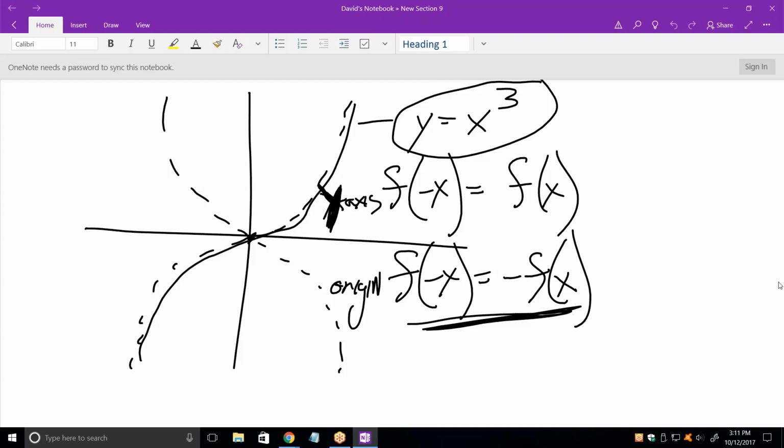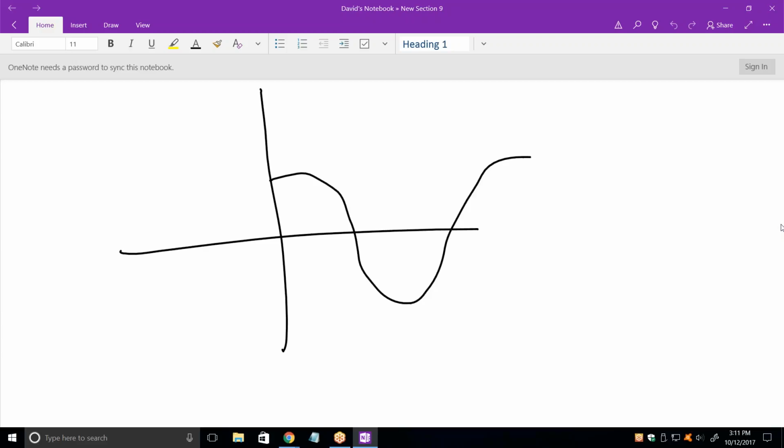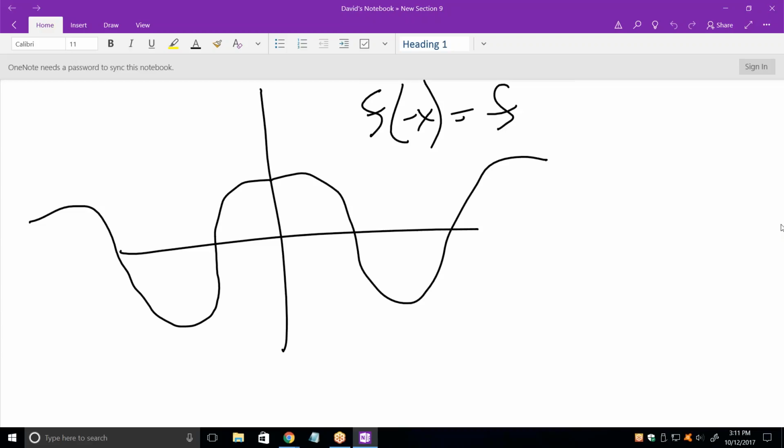An example of that would be the cosine function. It's actually a really good example. Notice that if I extend the cosine function in both directions, then f of minus x equals f of x.